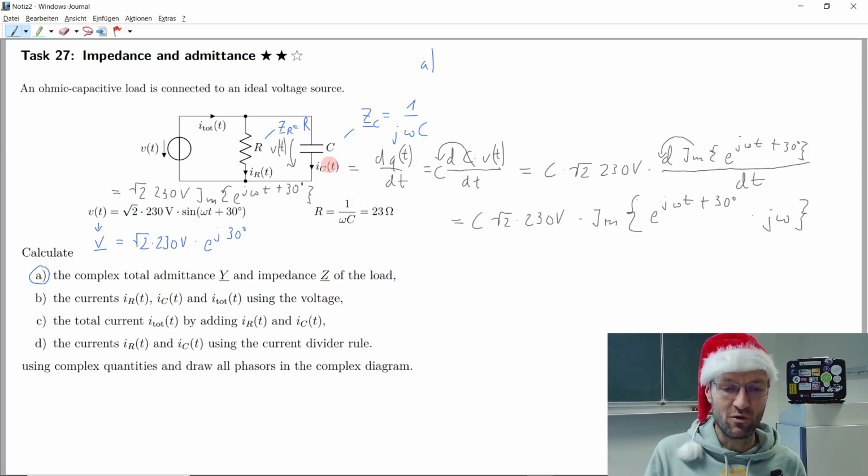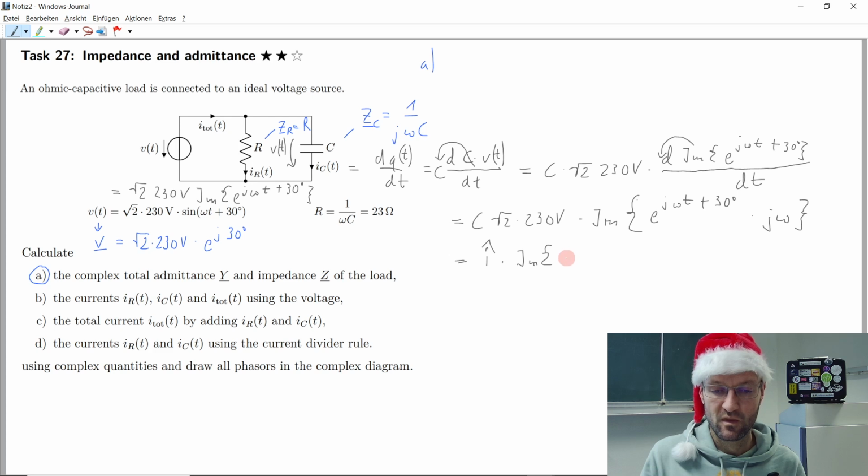And so now for the current, of course, I could also write that the current is some current magnitude, some I hat times some sine function with some phase, and instead of the sine function I will also write it as the imaginary part of e to the j omega t plus some phase for the current.